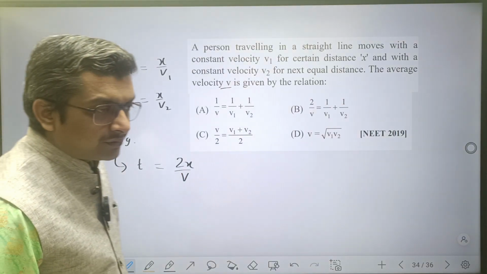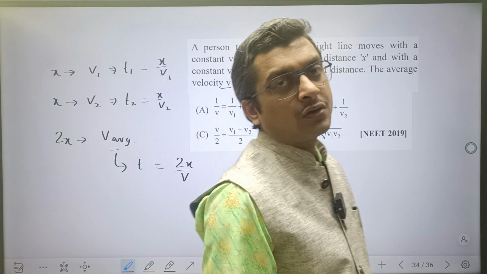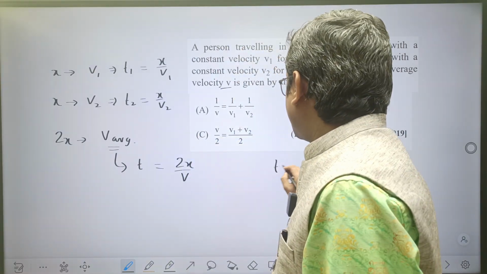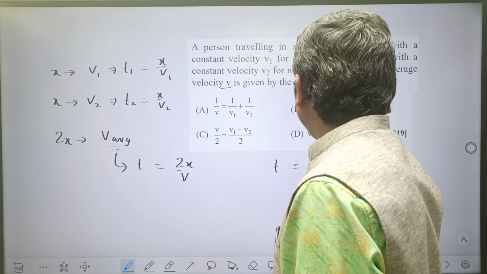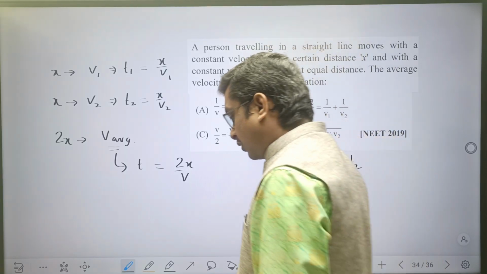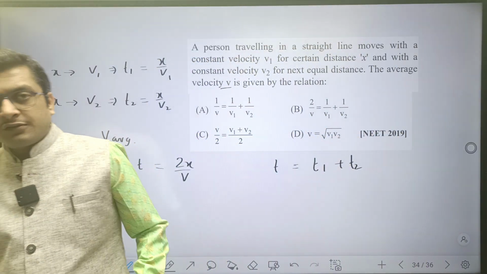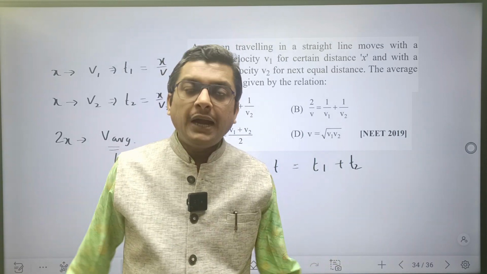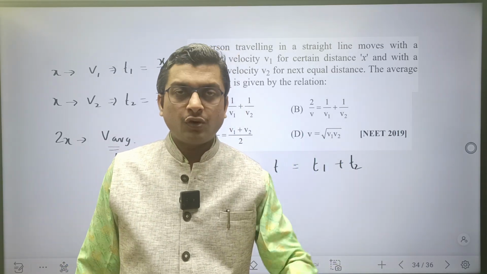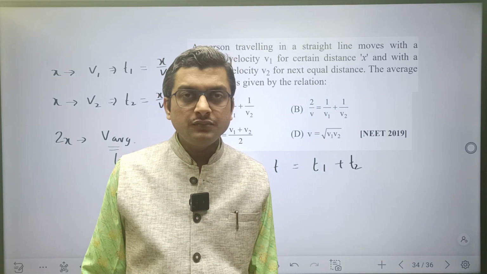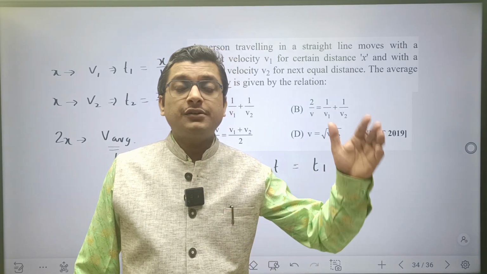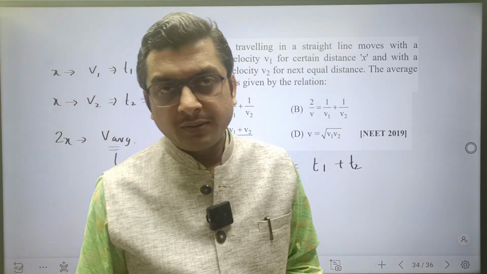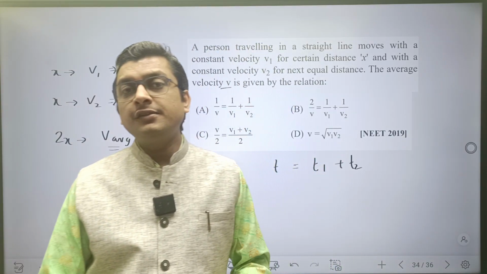Now dear students, as per the definition of average speed, this t must be equal to t1 plus t2. Because what is the concept of average speed? Suppose you are covering some distance with different speeds and you take 1 hour for covering that distance.